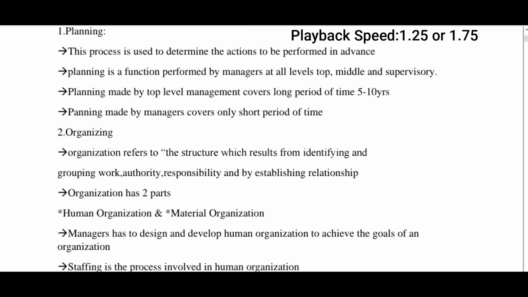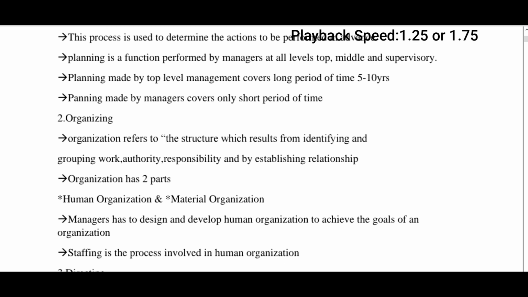Organizing. Organizing refers to the structure which results from identifying and grouping work, authority, responsibility, and by establishing relationships.